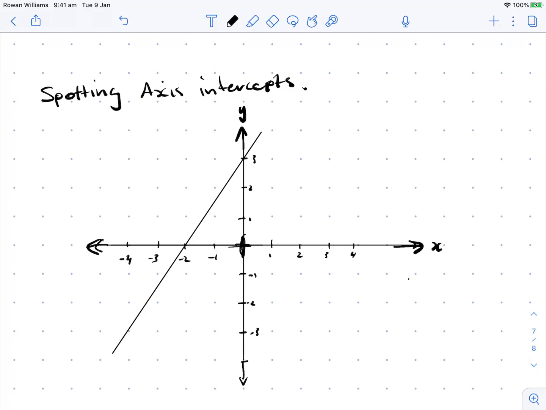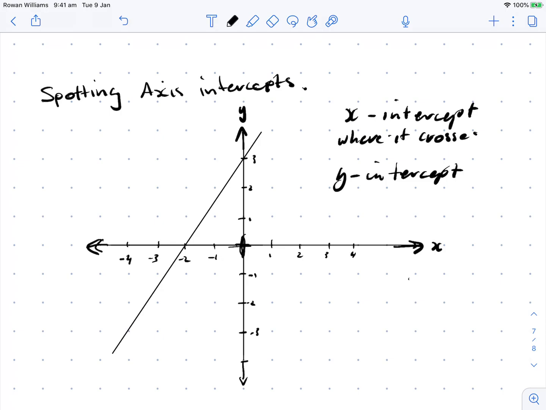And we want to work out what our x-intercept and our y-intercept is. The x-intercept is where it crosses the x line, or we say axis, not line. So this line here, this is our x-axis, and we want to know where it crosses.